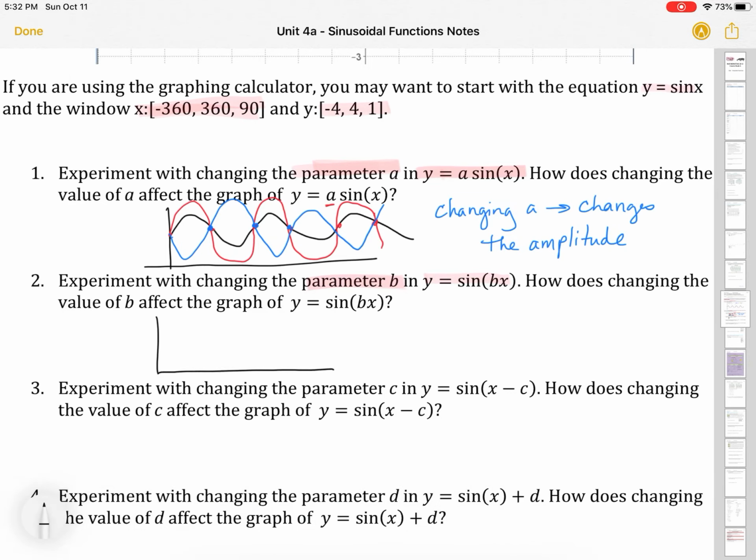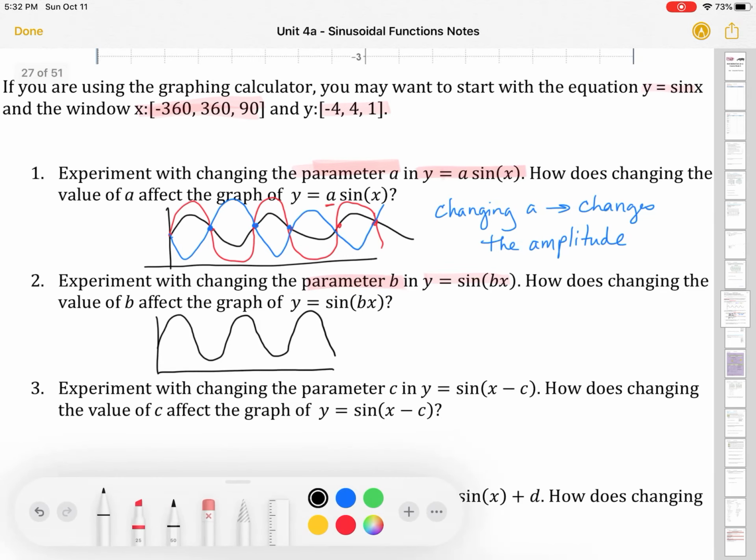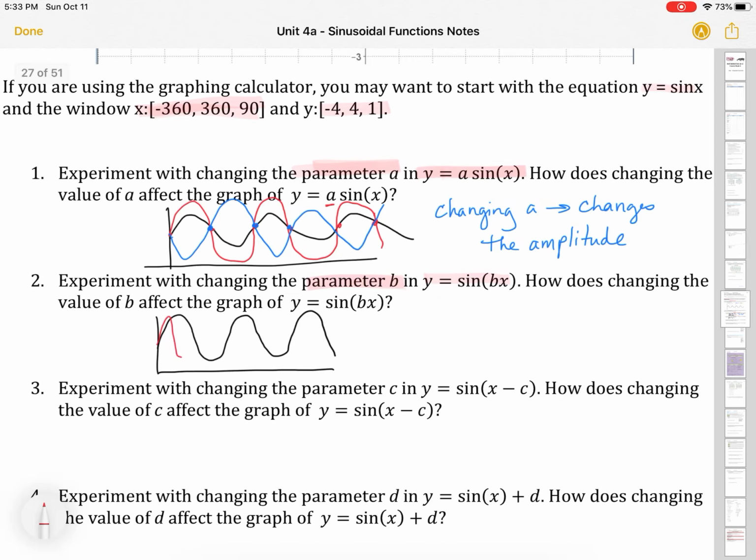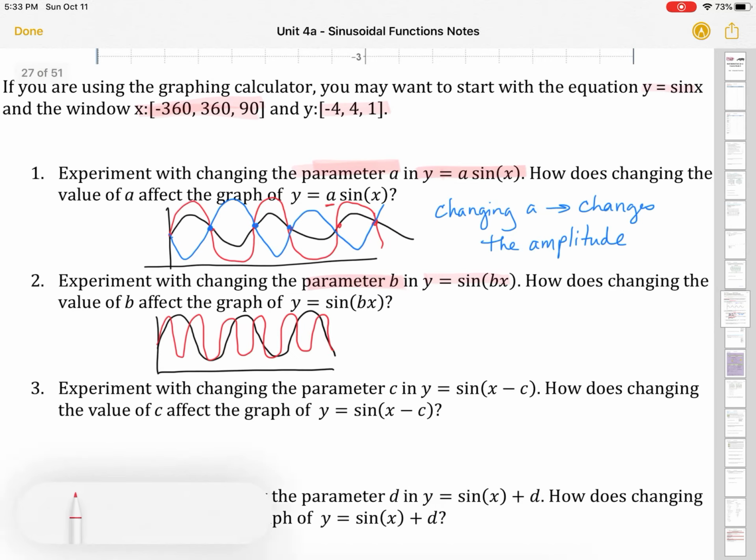So again, starting with the original sine function in black, and then what happens when we change b, sine of bx. And what you'll notice is that everything stays the same except the period changes.